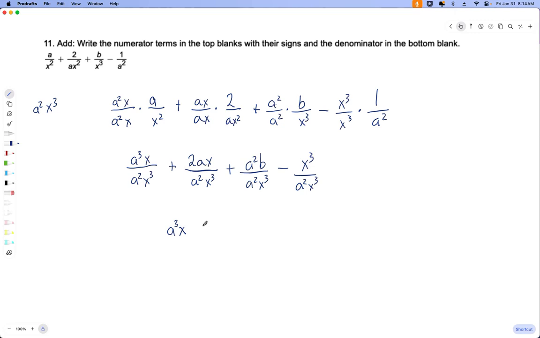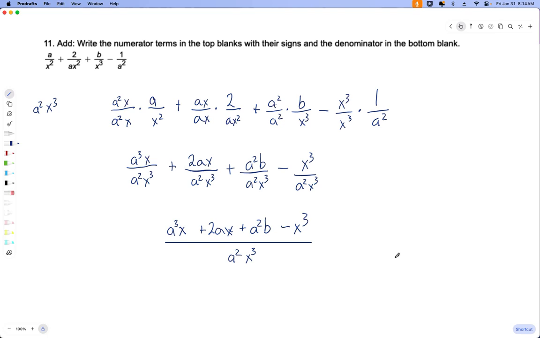Then we would put in plus 2ax. Then we would put in plus a squared b. And then we would put in minus x cubed. And then the bottom, the denominator, would be a squared x cubed. And that should be your final answer.